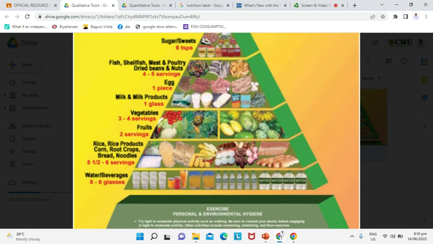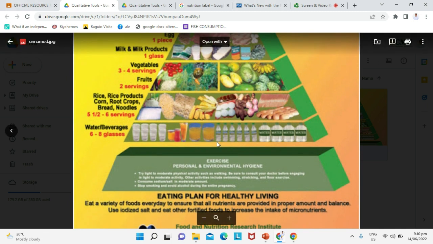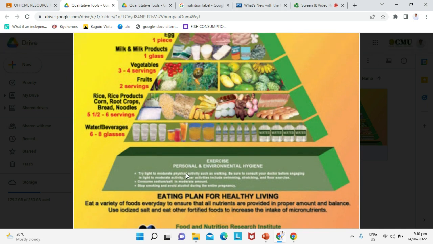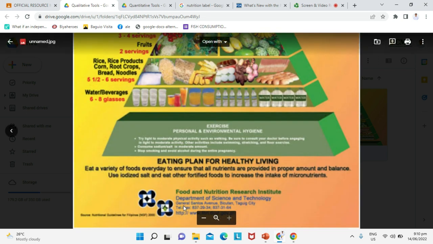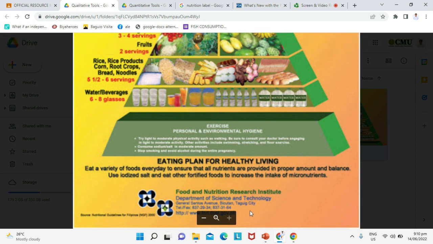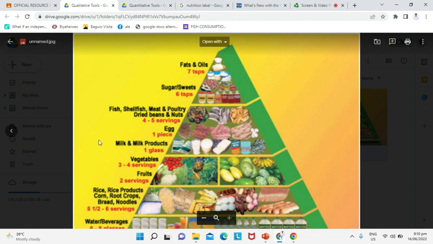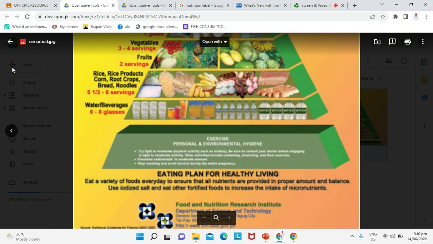And then the other lifestyle components are emphasized here, like doing physical activity and observing personal and environmental hygiene. This was developed by the FNRI, Food and Nutrition Research Institute of the Department of Science and Technology, which is the leading nutrition authority in the Philippines. So that is our old food guide.